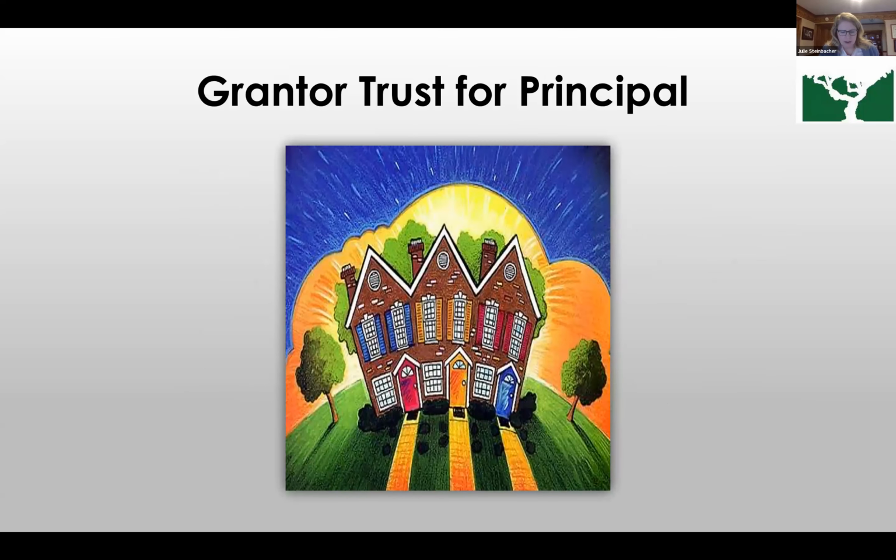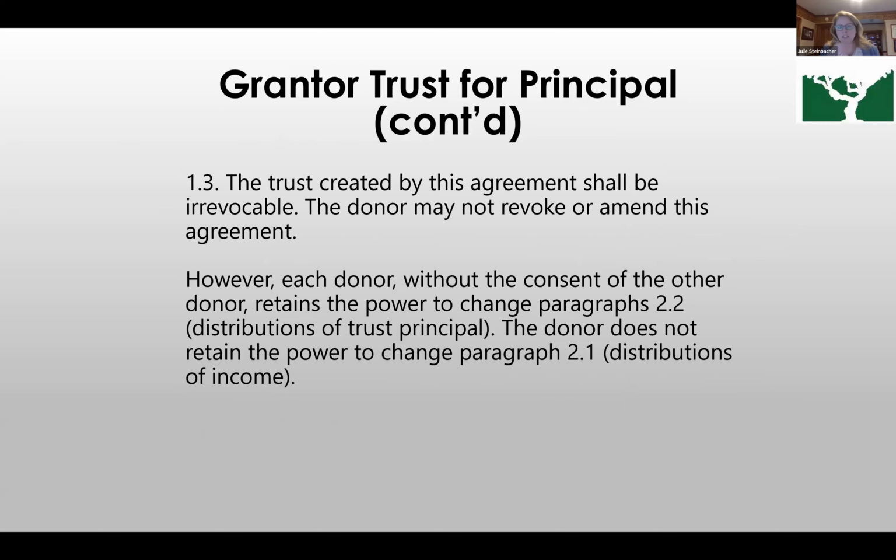A grantor trust for principal in this situation basically says in here, we have the power to change the beneficiaries for the remainder, which is in 2.2, trust principal, but we don't retain the power to change 2.1, distributions of income. Again, that would be a type of trust that we would use in veterans benefits planning because the Veterans Administration requires that type of trust.